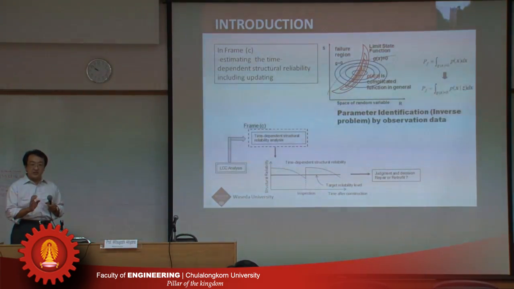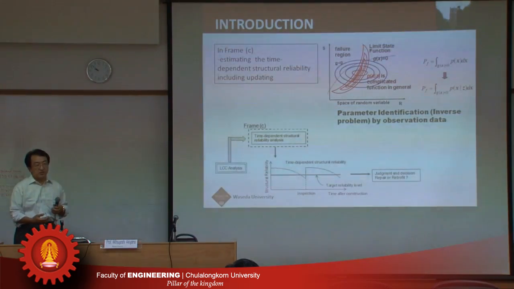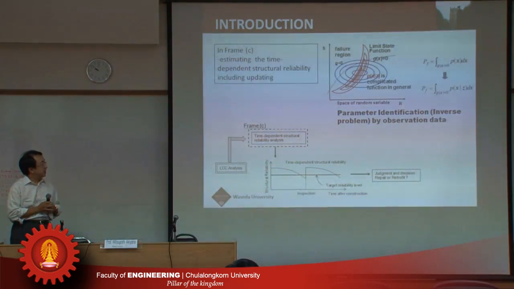For existing structures, we can use inspection results, so the statistics of random variables can be updated to be consistent with the inspection result. So this is an inverse problem. Today I will present time-dependent reliability analysis with updating.